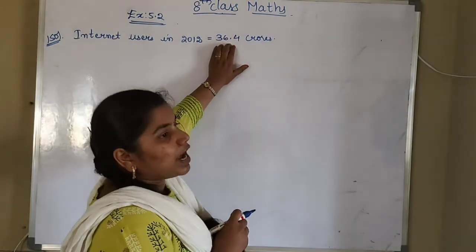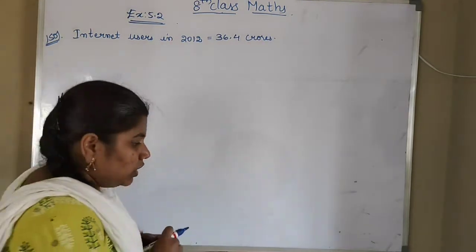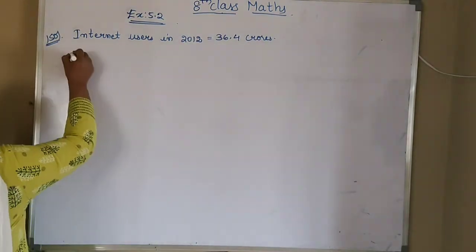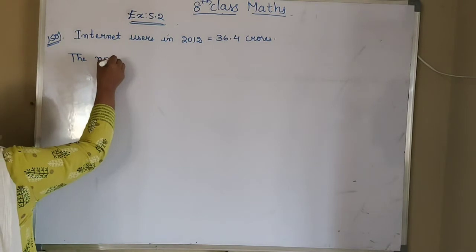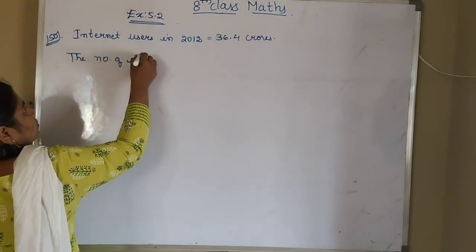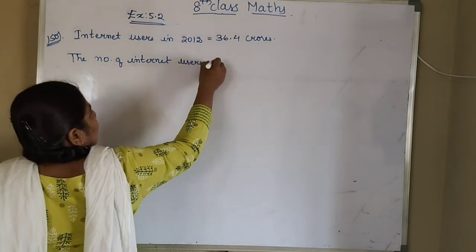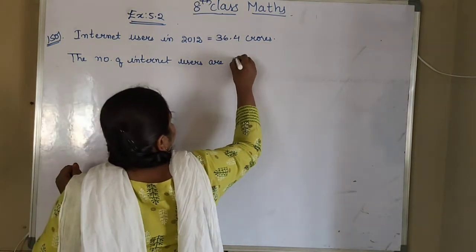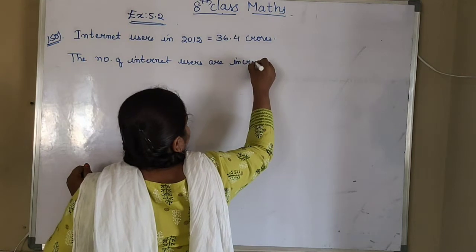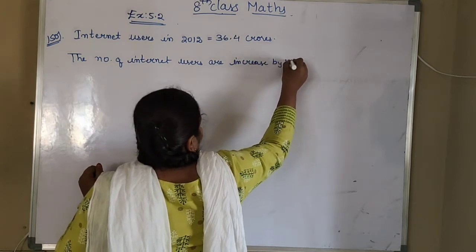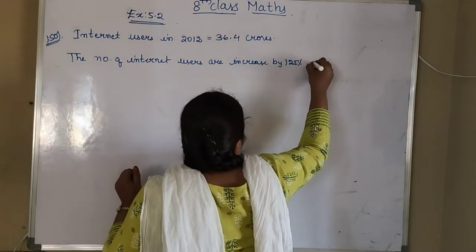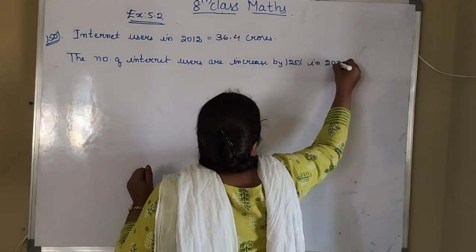125% of this value has been increased. So the number of internet users are increased by 125% in 2022.